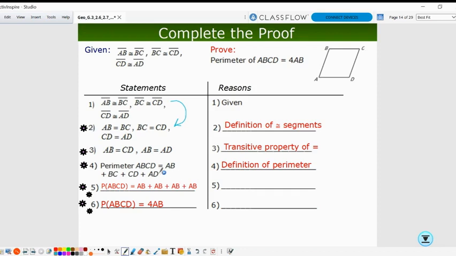We're replacing each one of these segments with AB. That's your substitution property of equality. Because remember up here, we said that each one of them is equal to AB. Next, I'm just simplifying, and that's the last step of my proof.